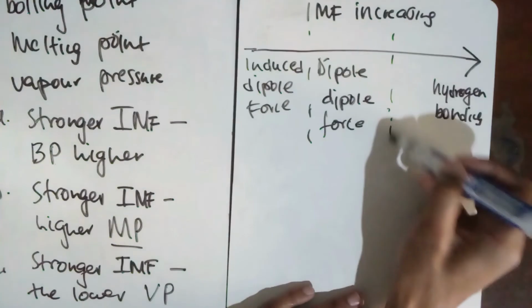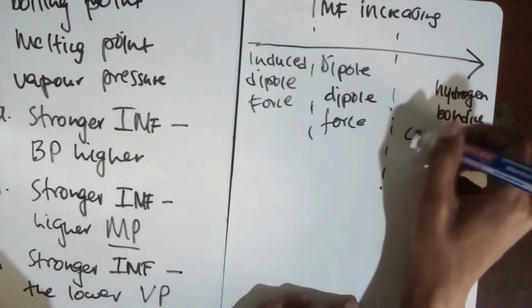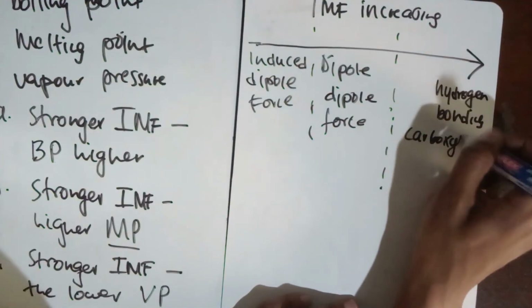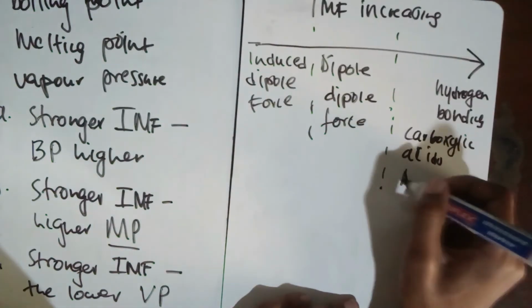Molecules that exhibit hydrogen bonding can be your carboxylic acids, right? As well as your alcohols.